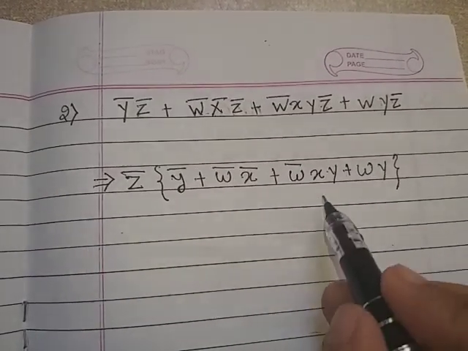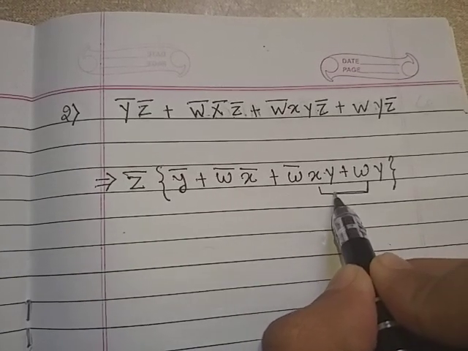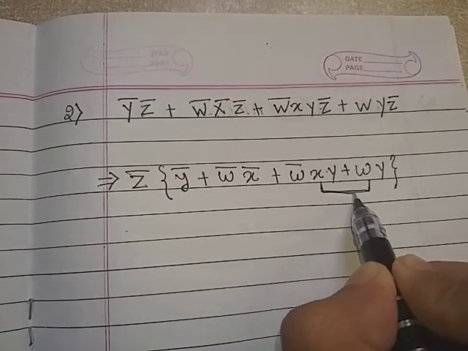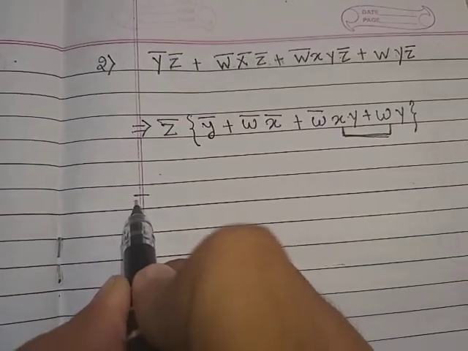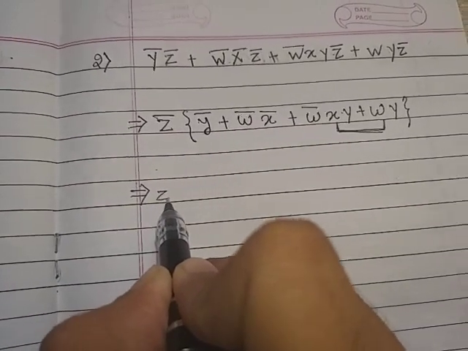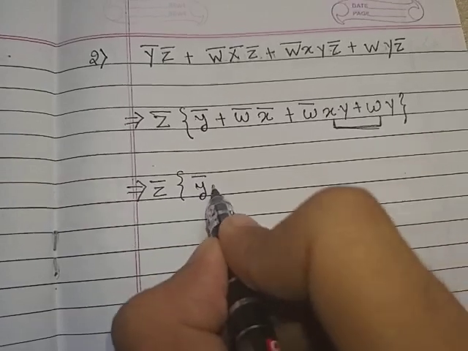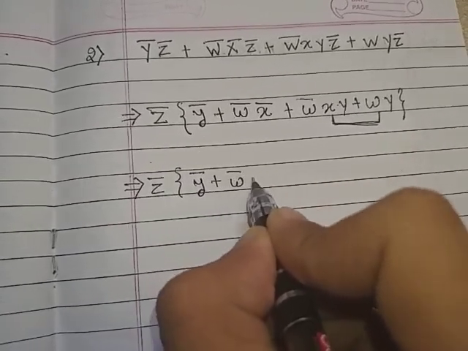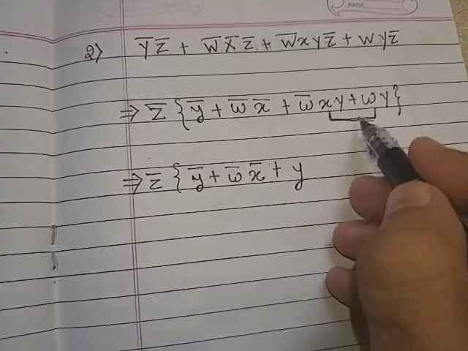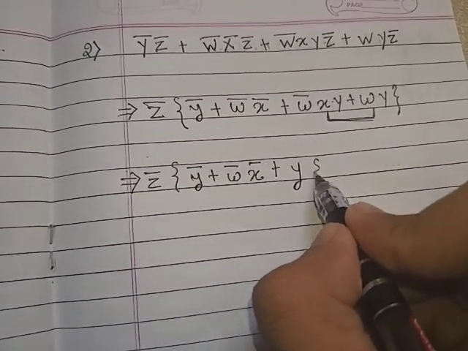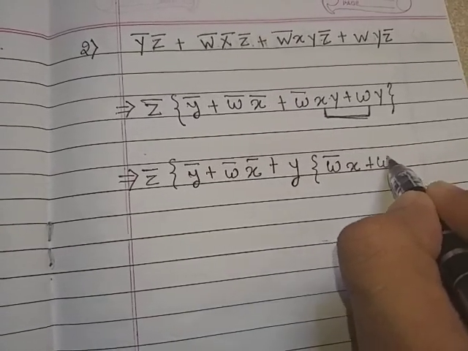Now from these last two terms I am able to see that y is common, so I am going to take y as common from the last two terms. Here we have y bar plus w bar x bar plus y, and what are the remainders? w bar x plus w.